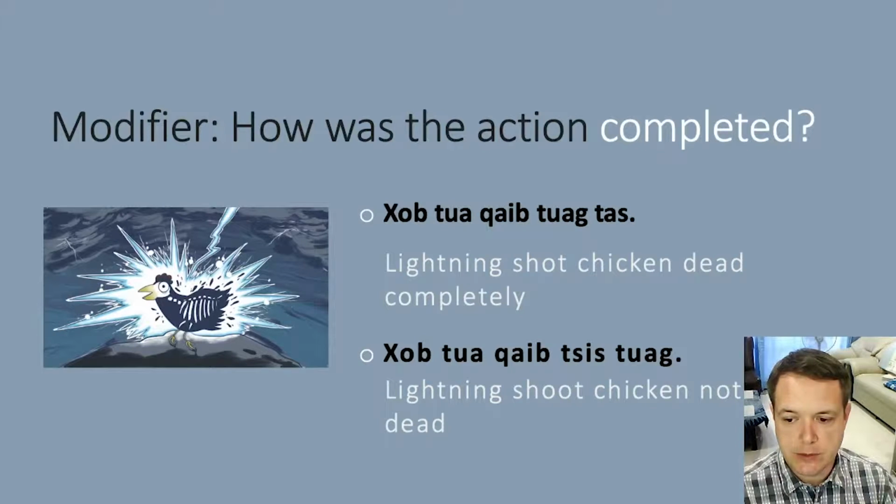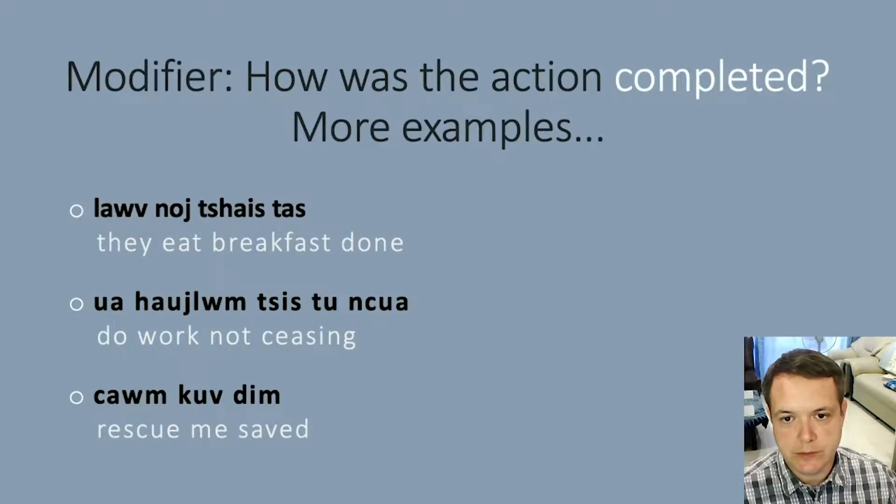So that second part, we added the word chi, the negative modifier, to make it not dead. It's almost the same sentence, but because we added chi tua, it's showing that the same action happened, saw tua, so the lightning struck the chicken, but it modifies how it ended, how it was completed. Chi tua, not dead.